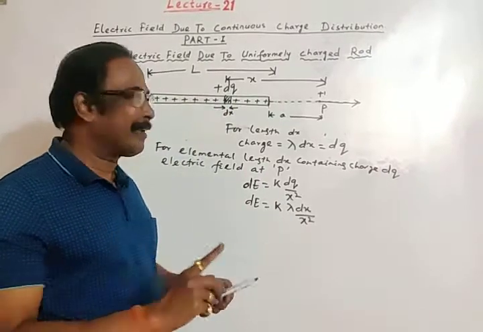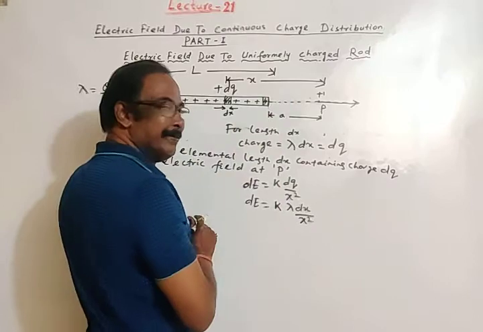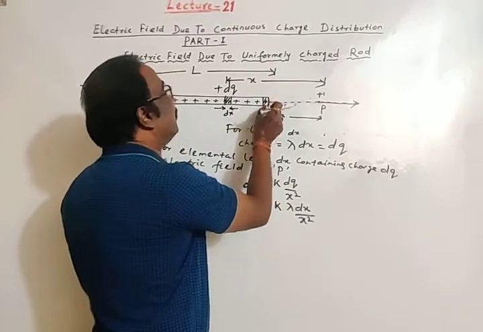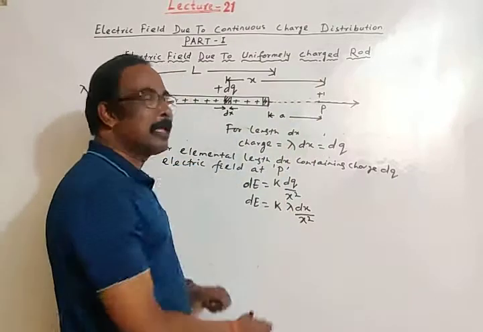Then let's first take elemental length dx from this end. This is dx. From this part of length dx, the distance of point P is a.